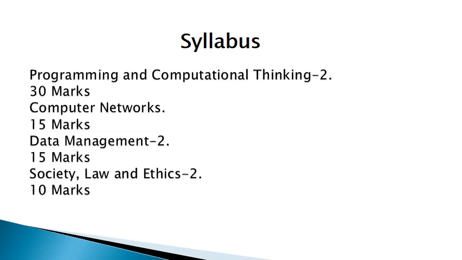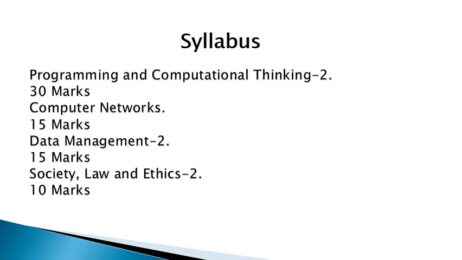Let us first have a look at the syllabus of class 12th. Your complete syllabus is divided into 4 units: Programming and Computational Thinking Part 2, Computer Networks, Data Management Part 2, and Societal and Ethics Part 2.